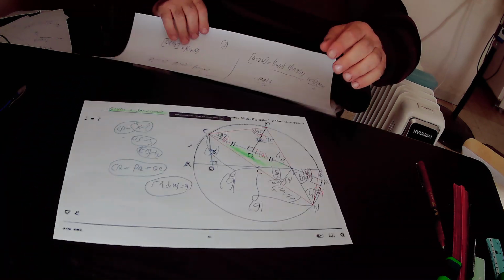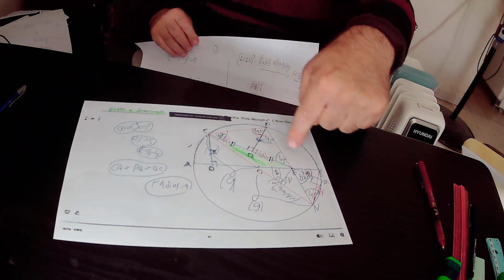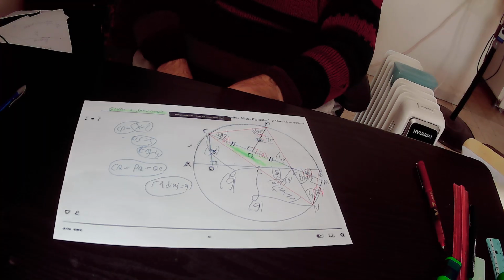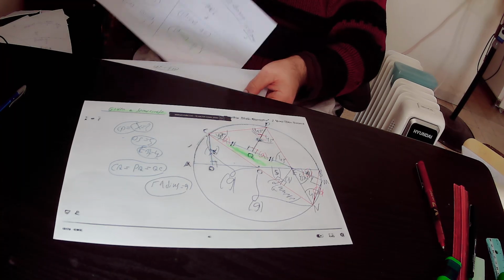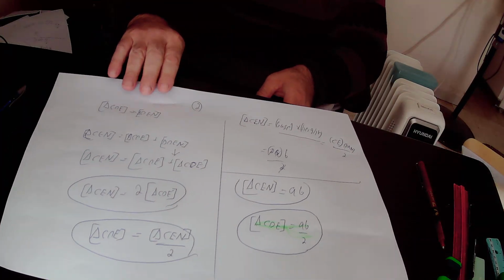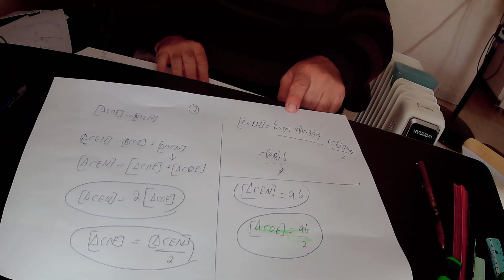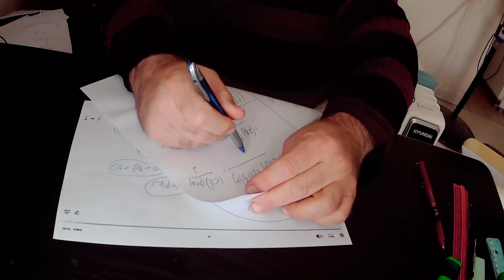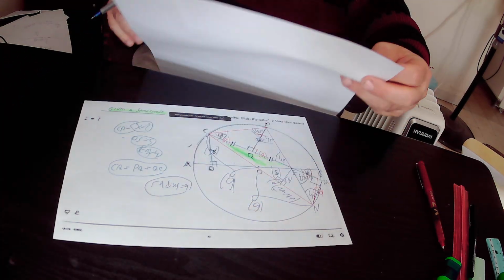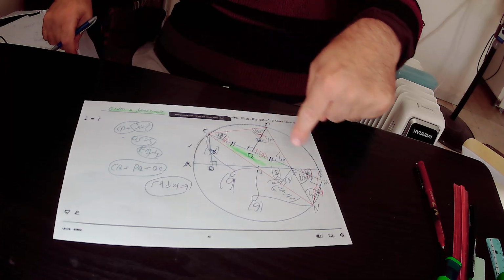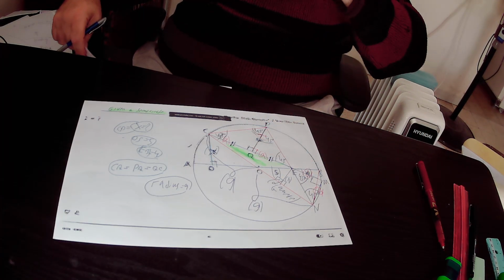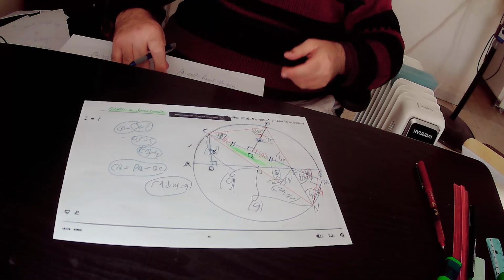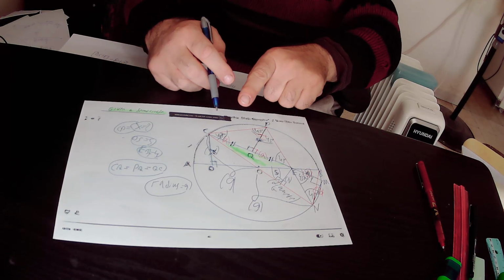In the next step, we calculate the area of this big triangle CEN, according to the formula that says the area of any triangle equals the base of the triangle times the height over 2. We choose the base of this big triangle CEN as CE, and the height to the base must rest on the extended base CE.